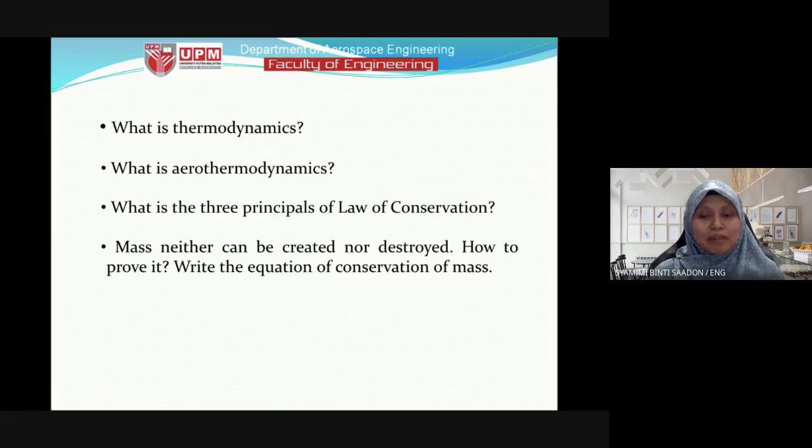But for mechanical in general, there are a lot of other cycles that we can and have to learn. That's why in basic thermodynamics they have other cycles also, other thermodynamic cycles.